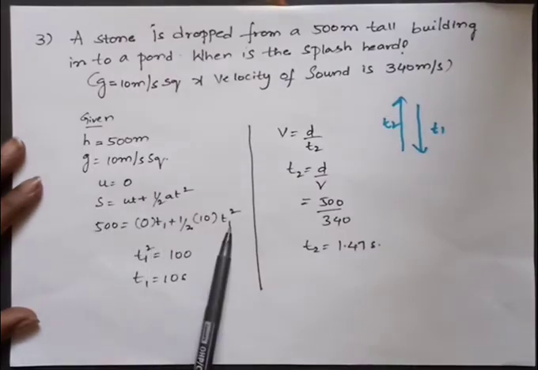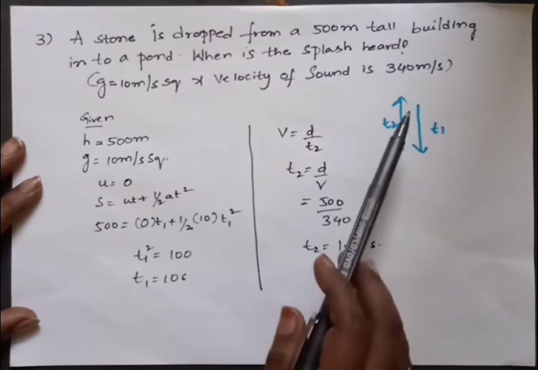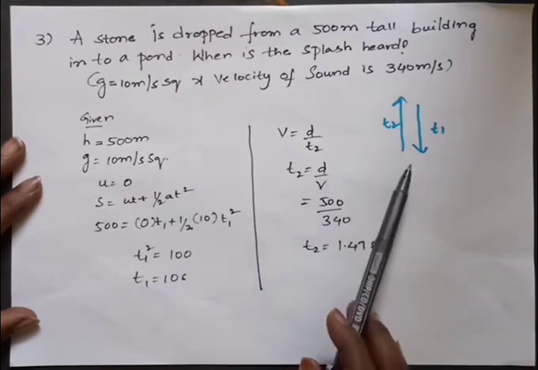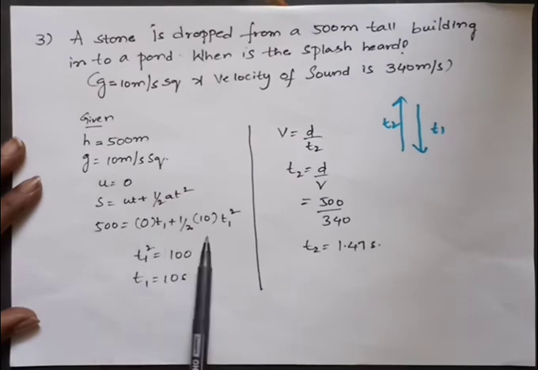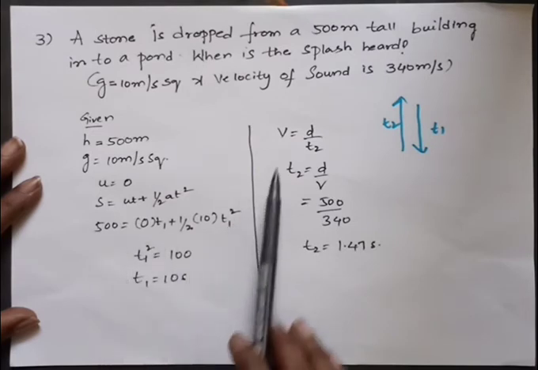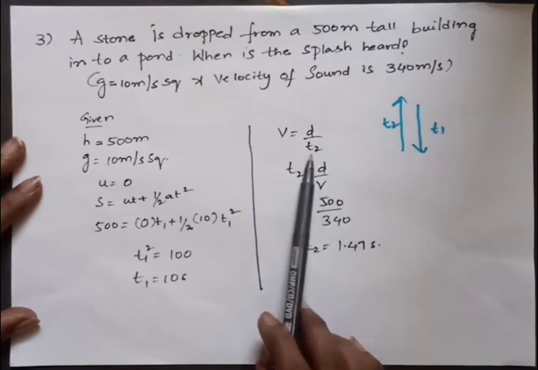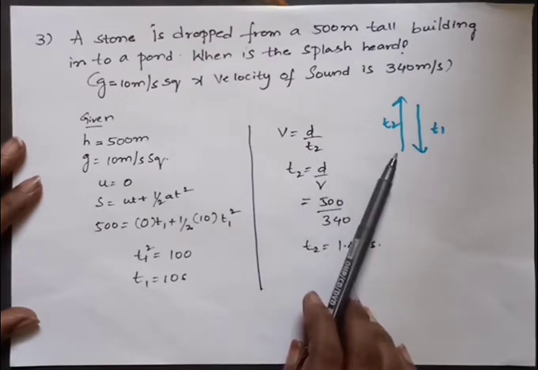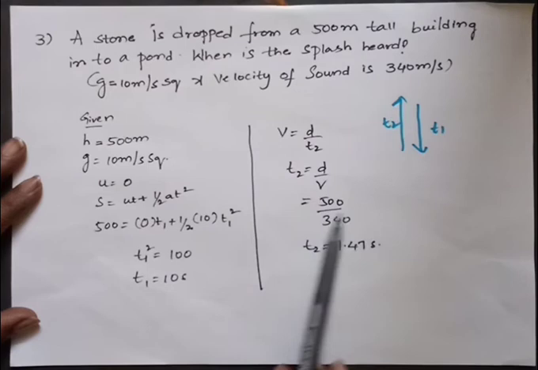After substituting, t1 is the time taken by the stone to reach the splash. So t1 we can find from the equation of motion. Then to find t2, t2 is nothing but the time after the splash for the sound to reach us, that is, the time taken for the sound to reach our ears.